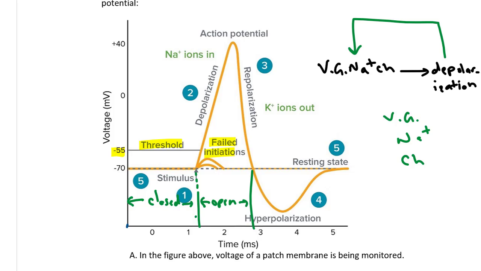Now, of course, in the middle right here, this is the maximum number of them being open. The amount of open channels starts to decrease as you get to this side, and it increases on the left side of this open part. The number of them opening increases and reaches that peak, and they start to go from open to the inactive state. So we know that in this area right here, they're all inactive.